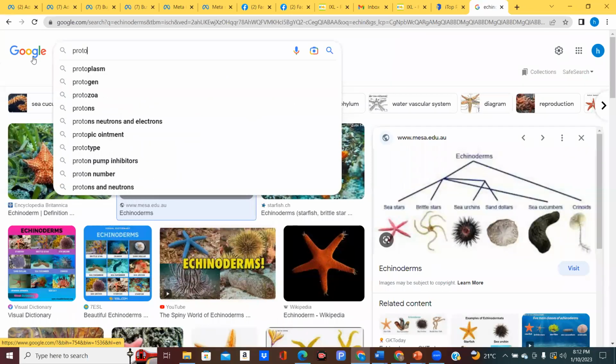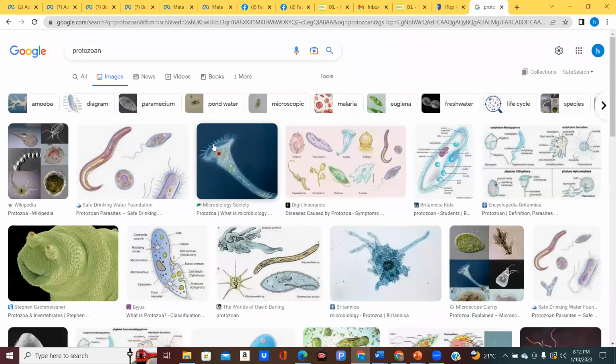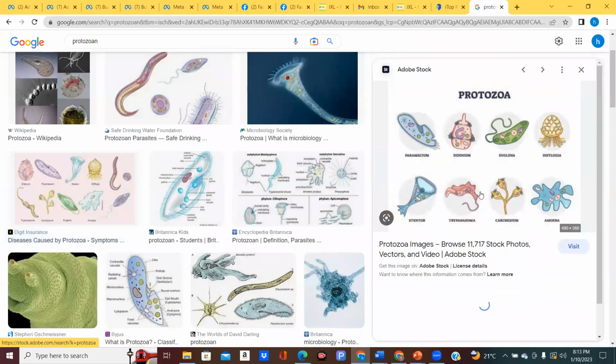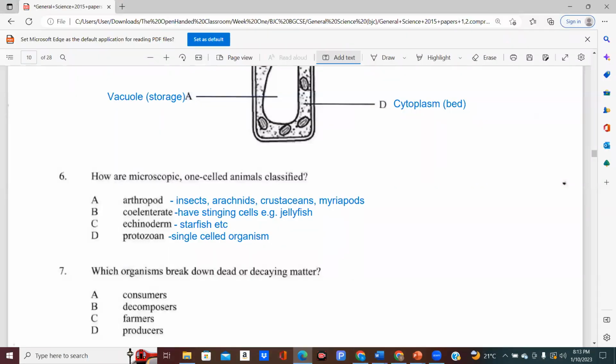Notice how they are single cell. One cell organisms. Paramecium, amoeba, just one cell. They look different weird ways, but it's just one cell, not a whole gigantic organism. We need a microscope to see these. So this is the protozoa.